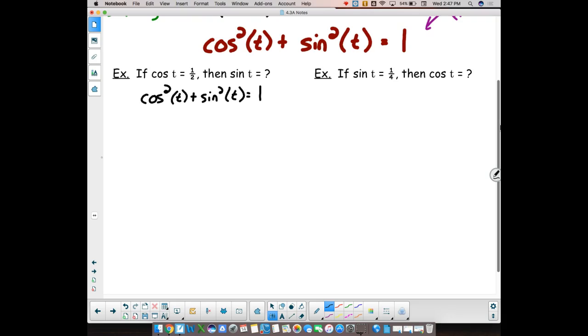Well, if cosine of t is 1/2, then this is going to be 1/2 quantity squared plus sine squared of t, and that's going to equal 1. Well, what's 1/2 squared? 1/4.